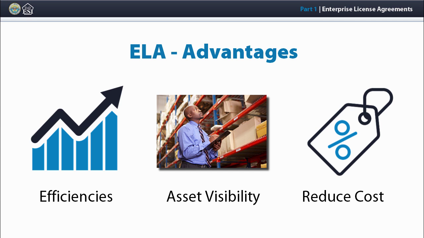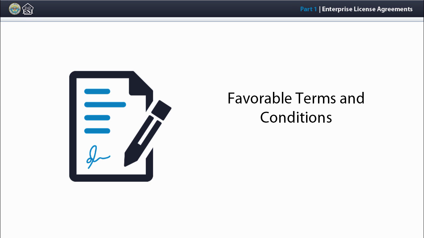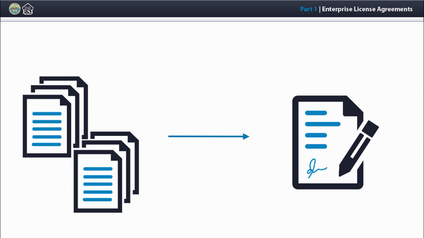Also, since maintenance is a large expense of software licenses, an ELA can include significant discounts in maintenance and 0% escalation or inflation for the life of the ELA. Execution of an ELA is a great opportunity to secure more favorable terms, conditions, and discounts that were not previously secured by the government.